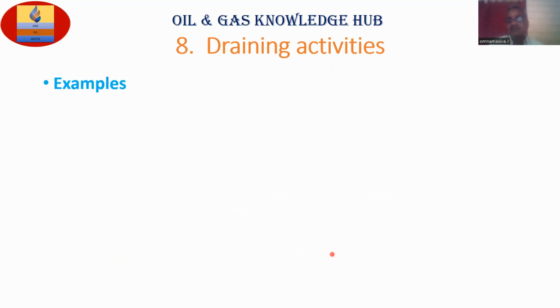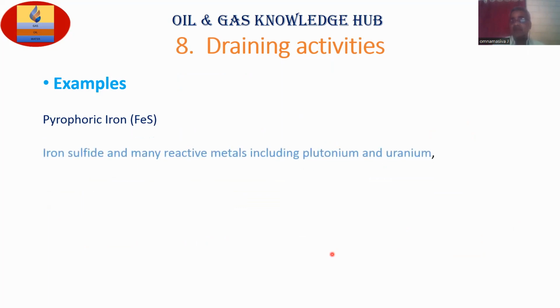Now examples for the pyrophoric material. These materials may be available in the process vessels: pyrophoric iron FeS, iron sulfide, and many reactive materials including plutonium and uranium.